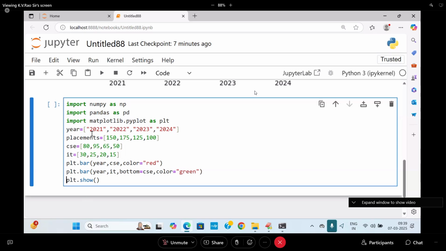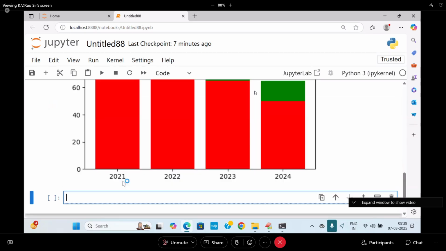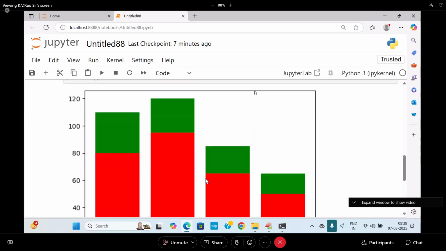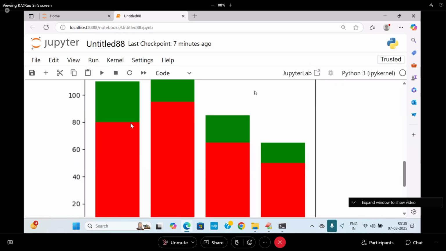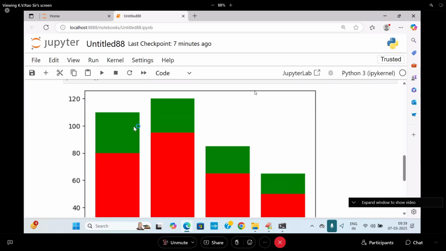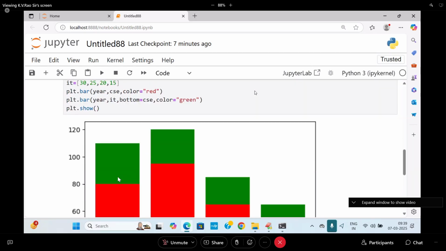Try to observe this. For 2021 also, on top of the 80 partition, 30 is coming; on top of 90, 25; on top of 65, 20, something like that. Try to see this carefully now. On top of this 80, what is the next value? 25.